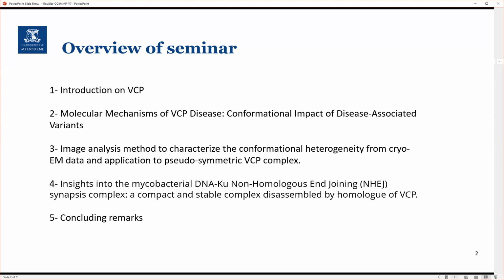Then at the end, I will show you some of our recent work on the mycobacterial DNA-Ku Non-Homologous End Joining synapse complex. This is a very compact, unstable complex that is disassembled by the mycobacteria homolog of VCP. And then I will finalize my talk with a few concluding remarks.